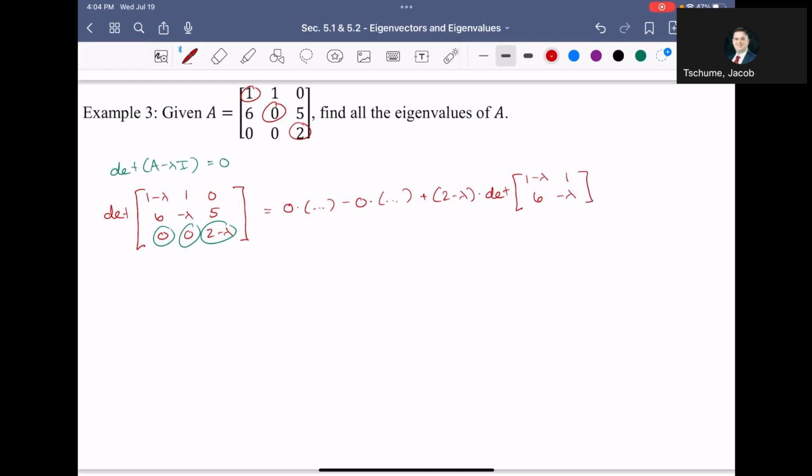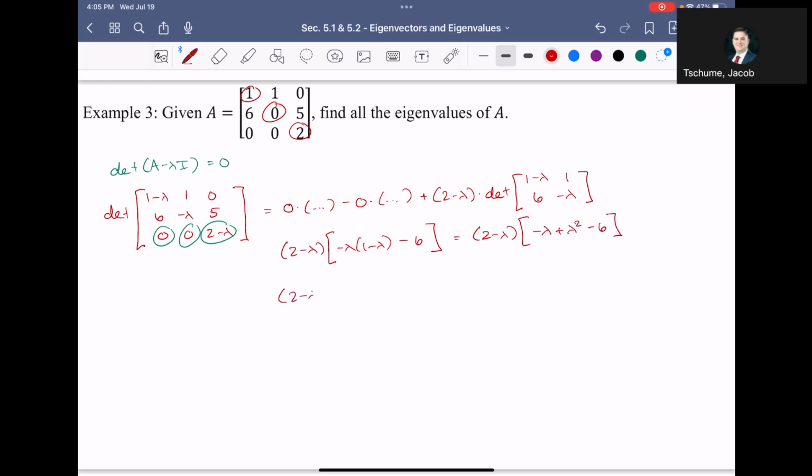So if I were to work this out, the first 2 terms go away, so you're left with 2 minus lambda times the determinant of this 2x2 matrix: negative lambda times 1 minus lambda, minus 6 times 1 is 6. This will give us 2 minus lambda times, if I multiply the negative lambda through, negative lambda plus lambda squared minus 6.